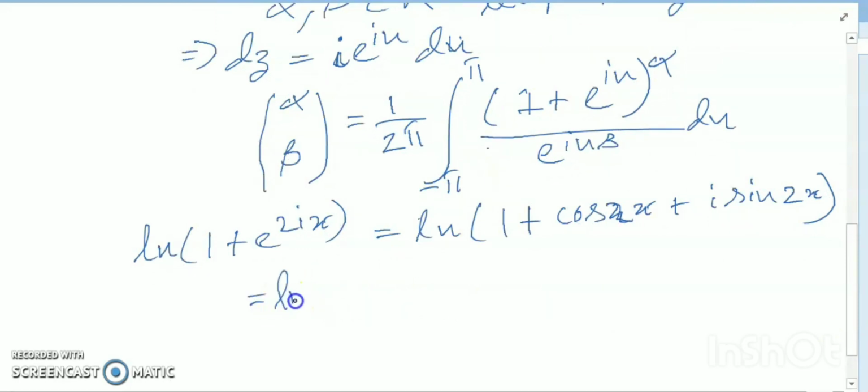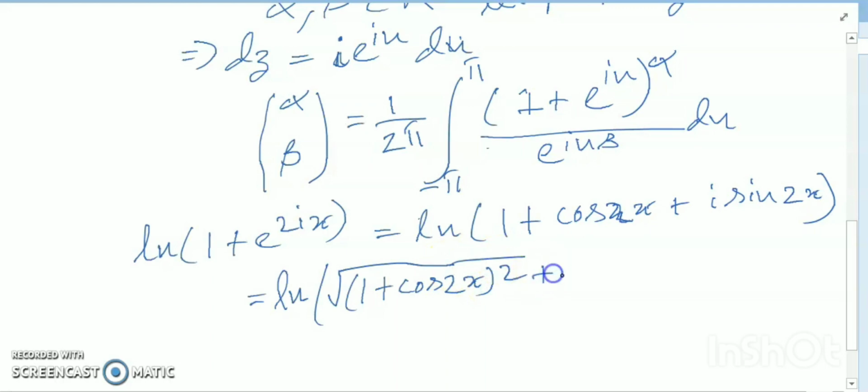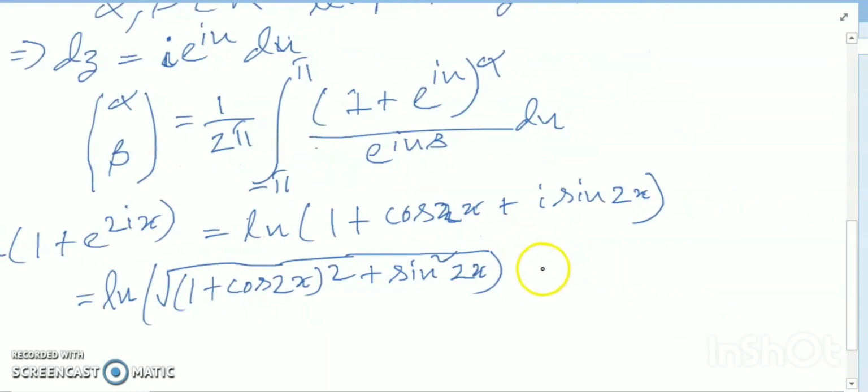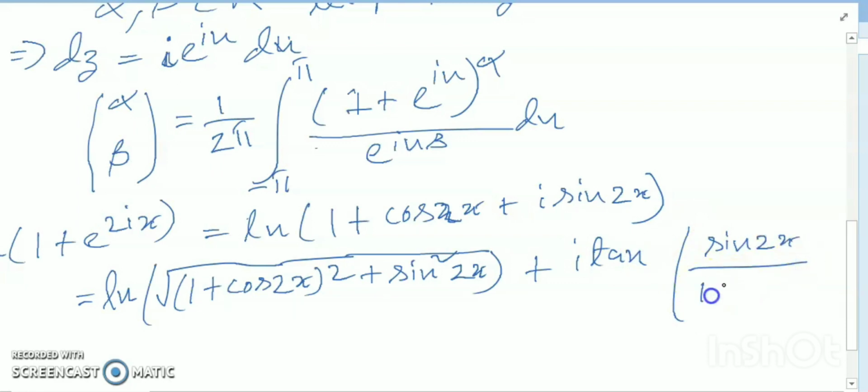So ln of the square root of (1 plus cos 2x) whole square plus sin square 2x, this is the modulus property, plus i tan inverse of sin 2x over 1 plus cos 2x.